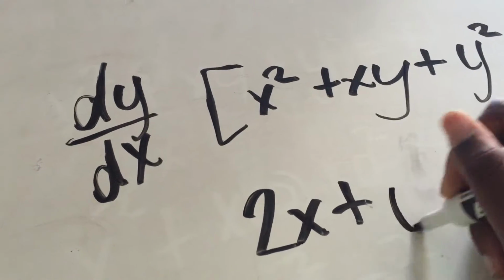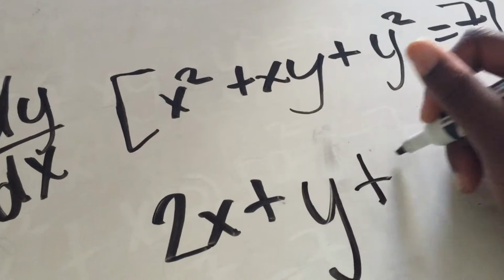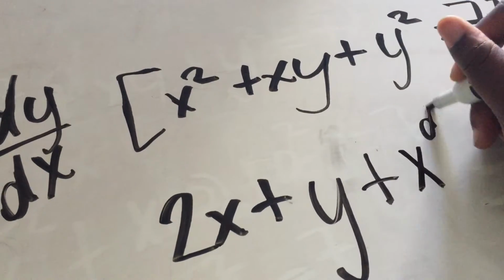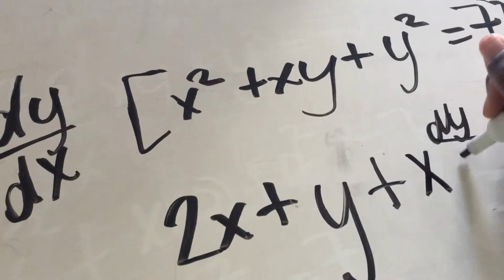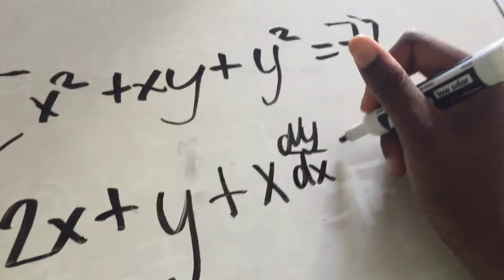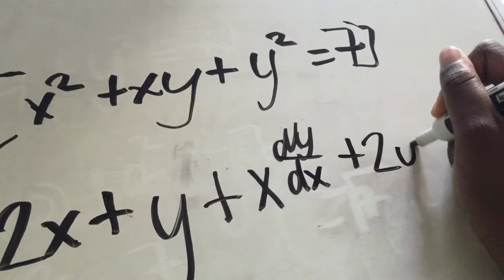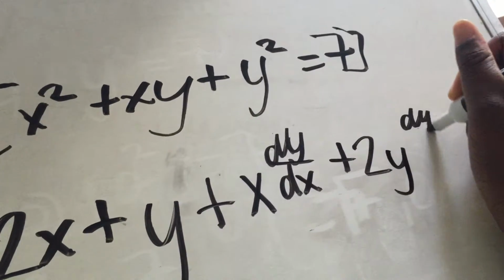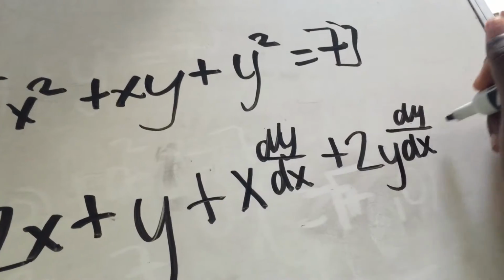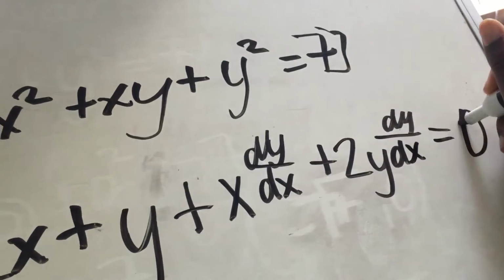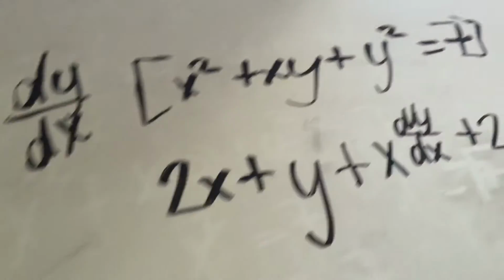So, y plus x dy/dx plus 2y dy/dx is equal to 0. The derivative of a constant is always 0.